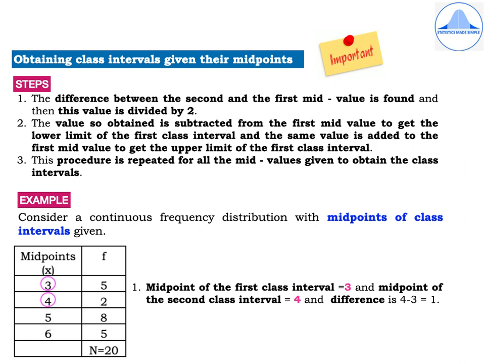When we add up the frequencies, we get capital N equal to 20. So now the first step is to write the midpoint of the first class interval, which is 3, and the midpoint of the second class interval, which is equal to 4. Now find out the difference between the second mid value and the first mid value, that is 4 minus 3 equal to 1.